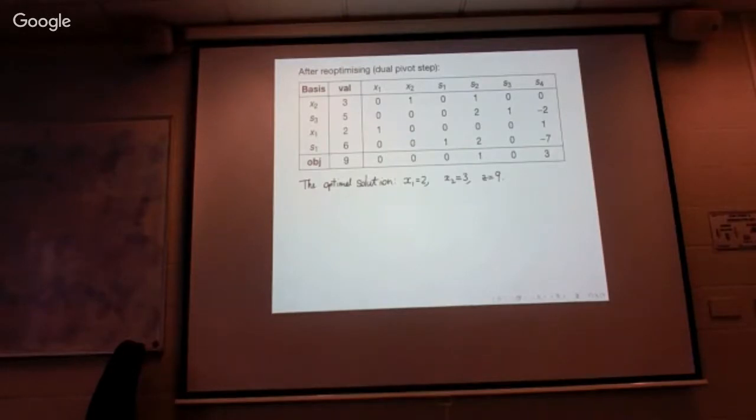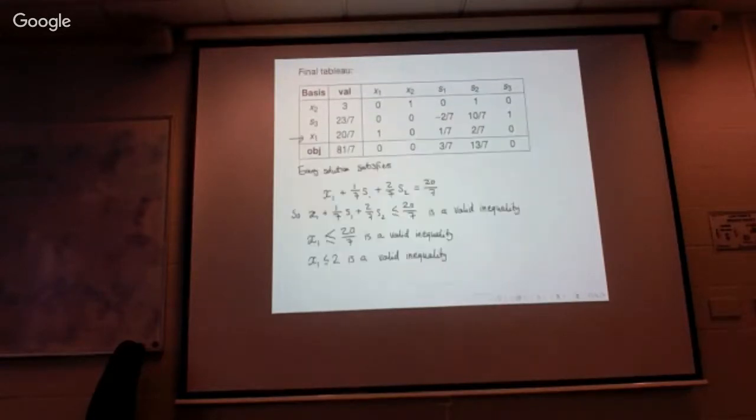Okay, so what happens when you do it from a simplex tableau like this is one important thing.